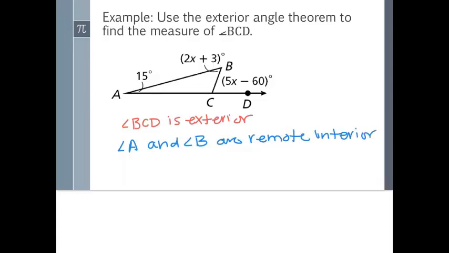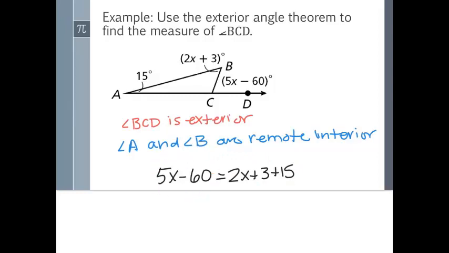So we could set up the equation 5x minus 60 equals 2x plus 3 plus 15, because the sum of the remote interior angles is equal to the measure of the exterior angle.